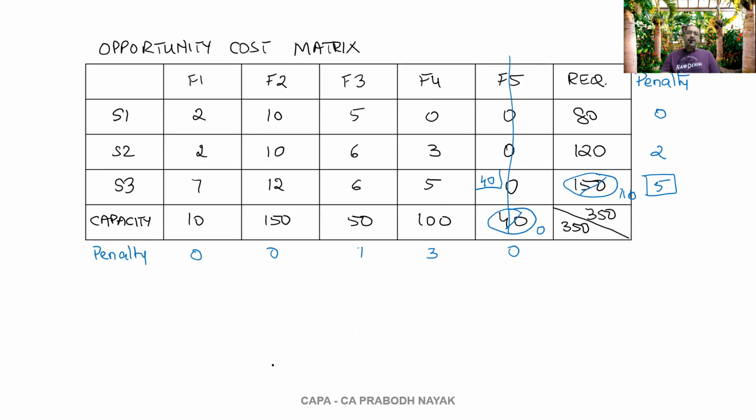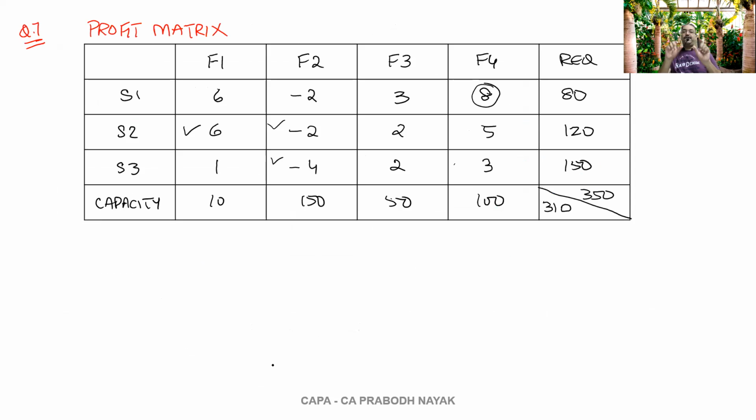Then we solve by the method VAM, and go as per the usual method, and calculate the optimal solution. After getting the optimal allocation, which is not the profit, we take those allocated figures and multiply them with the profits in each cell. That will give us the maximum profit.